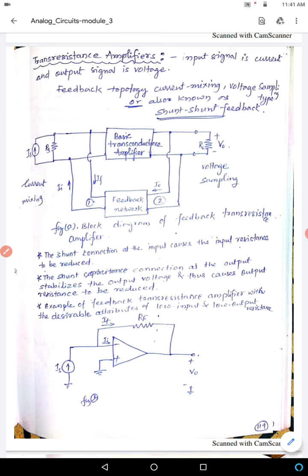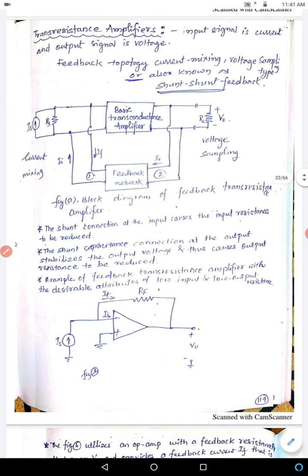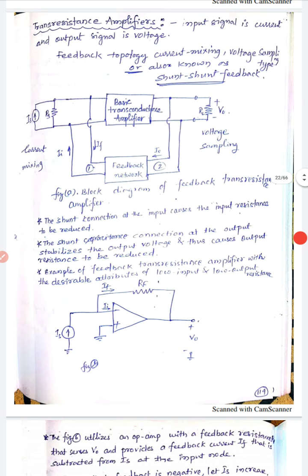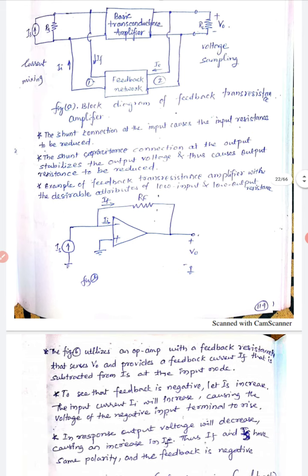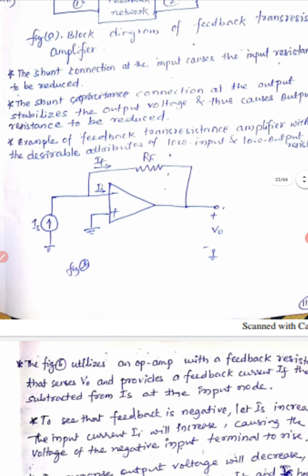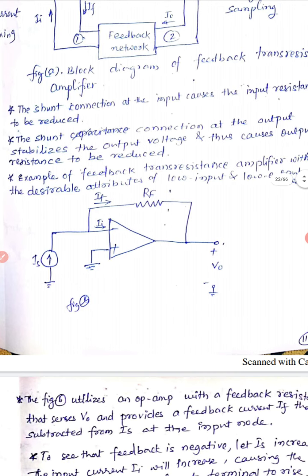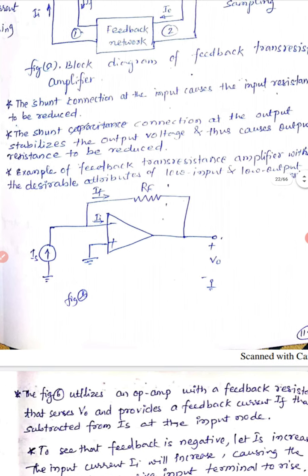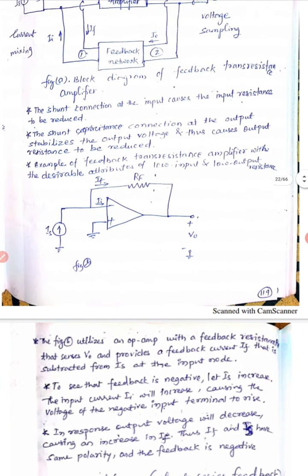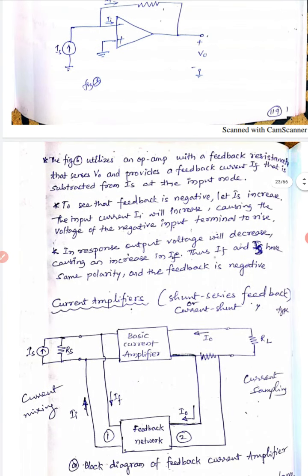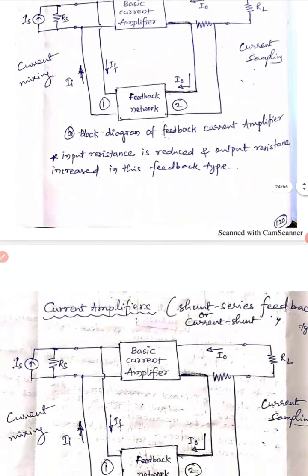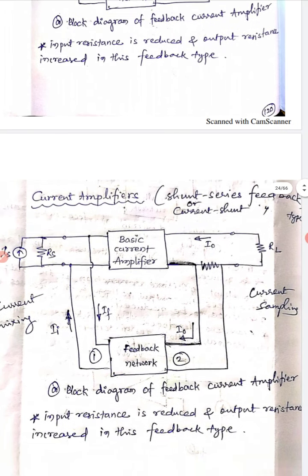Okay, the same thing again, they have explained with output voltage and input current using an operational amplifier. Here also the same thing, the input will be provided to the inverting terminal, and the feedback will also be taken at the inverting terminal only. Okay, they have explained the same thing with that diagram.